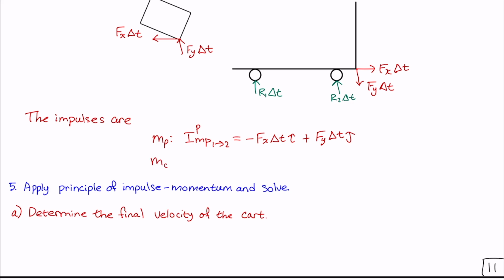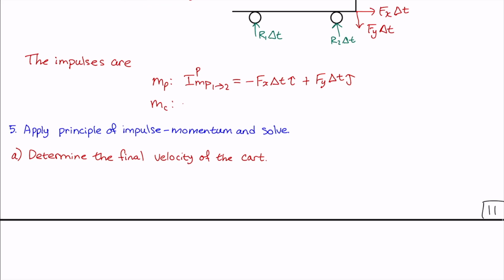And then for the cart, or mc here, the impulse from 1 to 2 for the cart is going to be equal to Fx delta t I plus R1 plus R2 minus Fy delta t, and that's in the j direction.